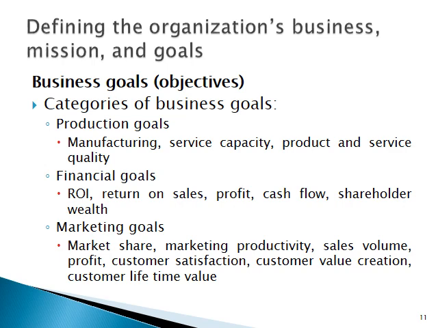And then marketing goals, like your market share, marketing productivity, particularly in sales management. We discuss a lot on productivity, your sales volume, profit, the extent of your customer satisfaction, customer value creation, what kind of goals you are going to have for that, and customer lifetime value. So this is a categorization of business goals.